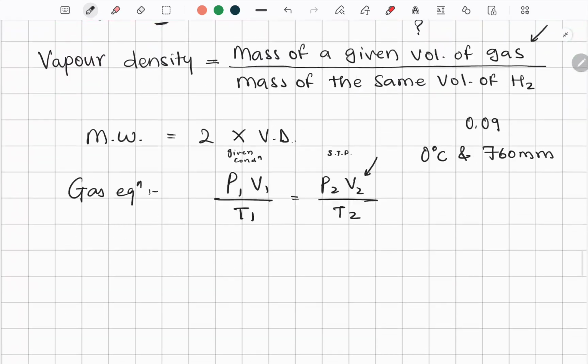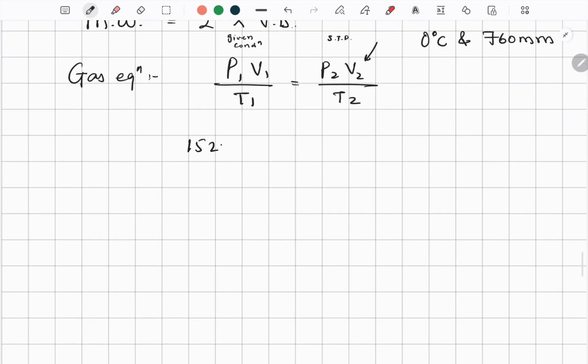Is the pressure known? Yes, the pressure given was 1520. Volume was given as 290. Temperature was given as 17 degrees Celsius. But are we going to put 17 degrees Celsius? No. We have to convert degrees Celsius into Kelvin by adding 273.15, but for simpler mathematics we're going to add only 273.